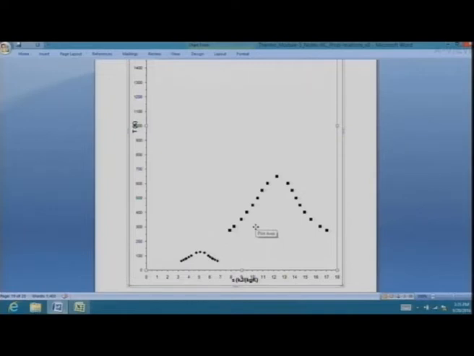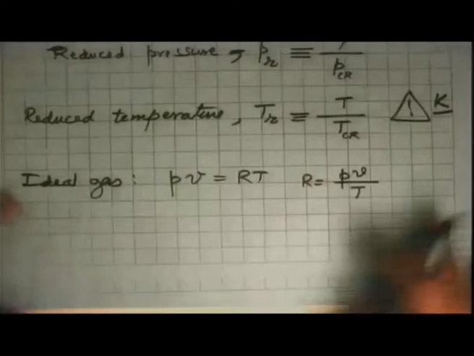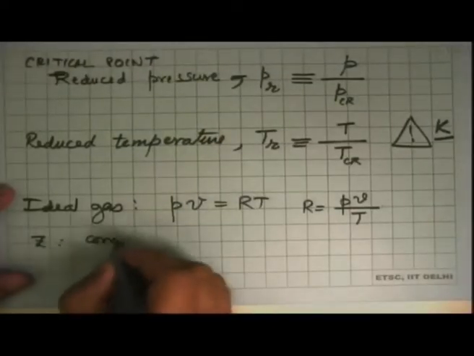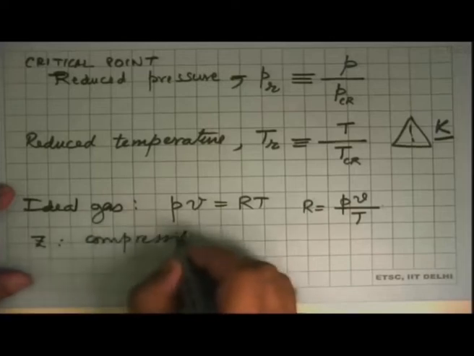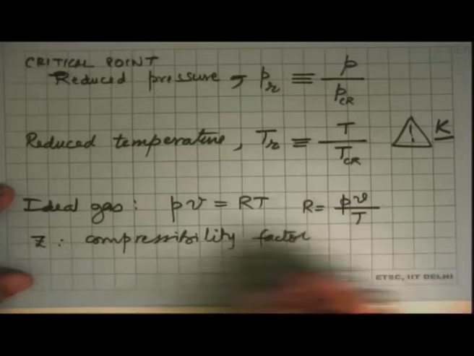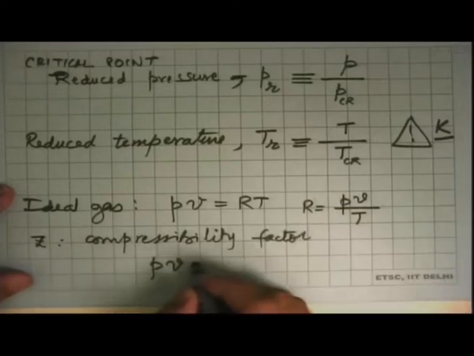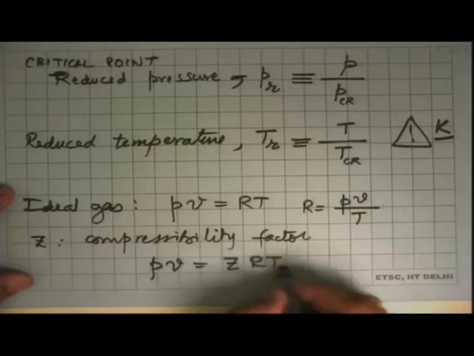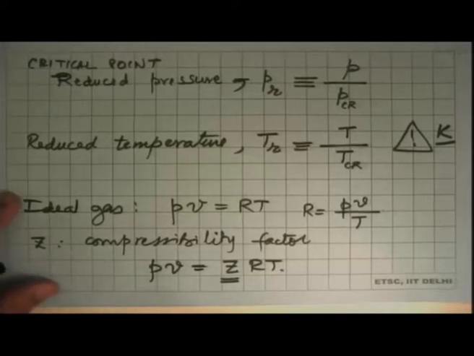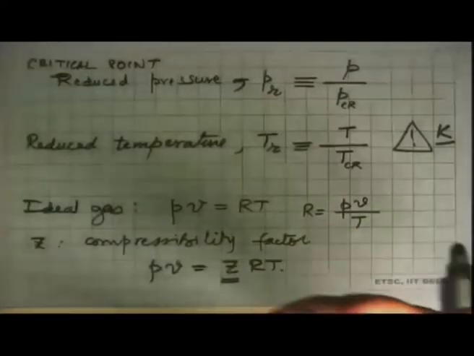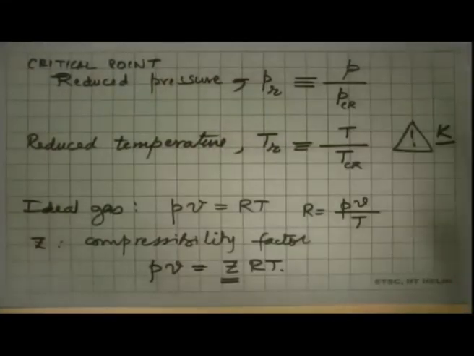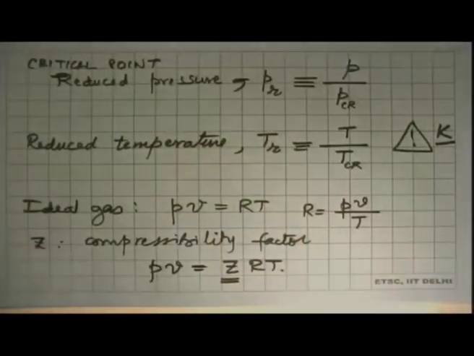And what we do is we make one change to this ideal gas equation by defining Z, the compressibility factor, and put the equation PV is equal to Z, so Z begins to play a factor when that ideal gas behavior, which is the molecular behavior, begins to undergo a change, which happens at higher pressures and lower temperatures.